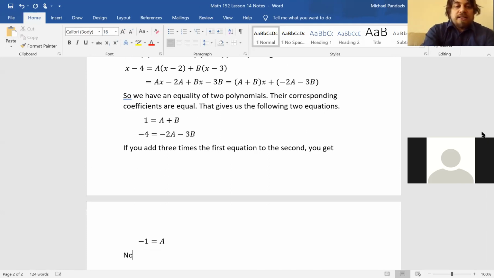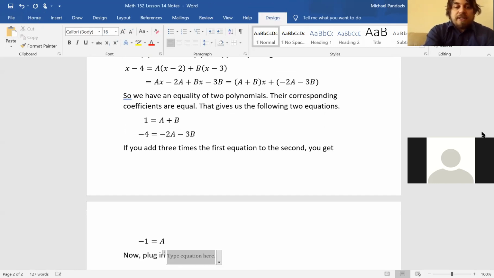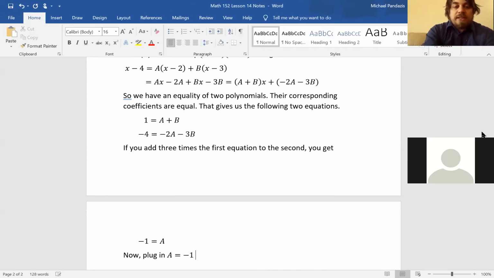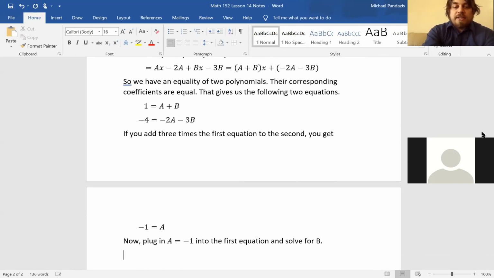Now, plug in a equals minus 1 into the first equation, let's say. You could plug into either one, into the first equation, and solve for b.